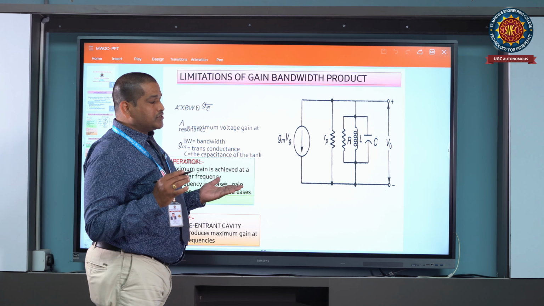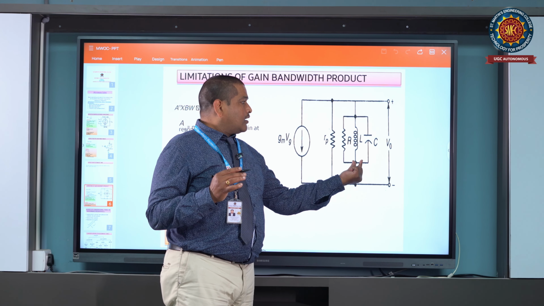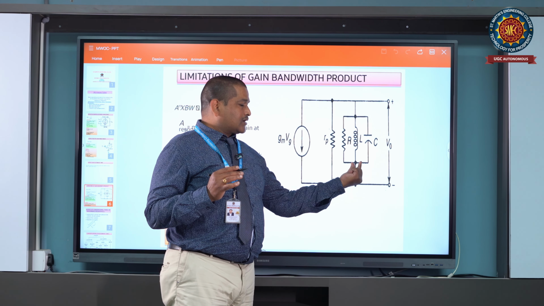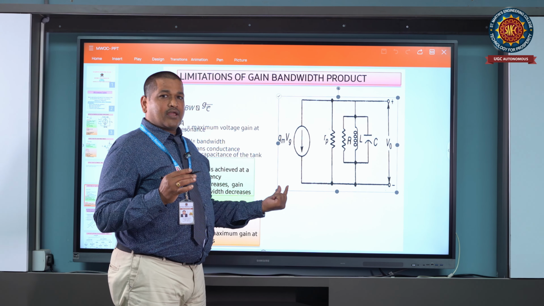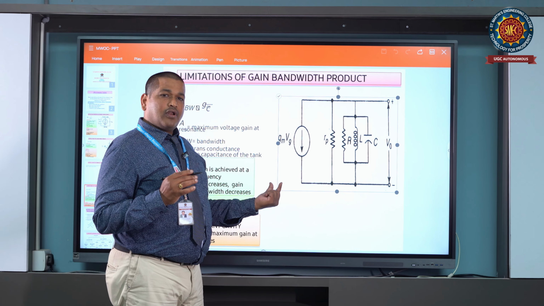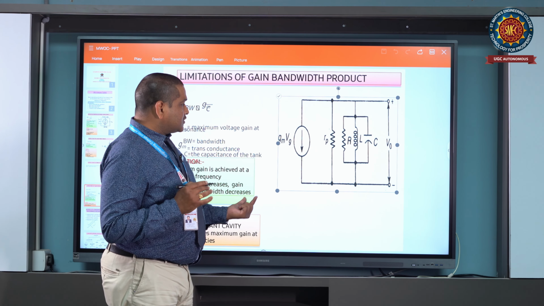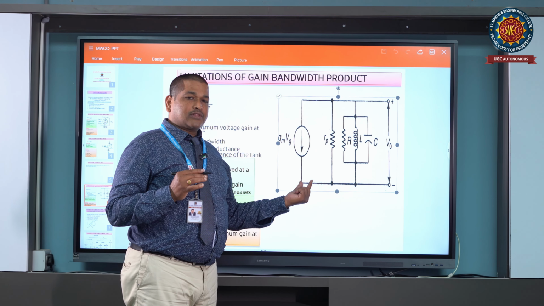But for conventional tubes, the lead inductance increases, which results in a decrease in the gain at particular operating frequencies, which is not at all useful. So the lead inductance affects the gain bandwidth limitation.